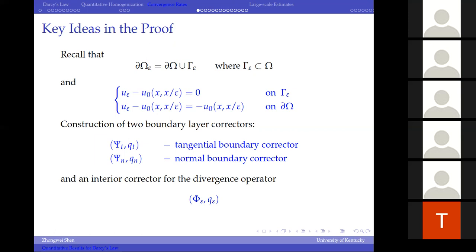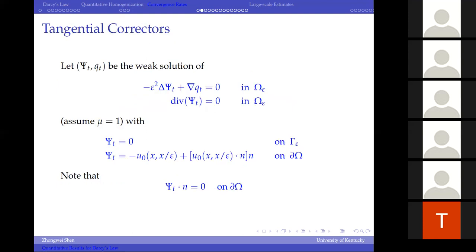It's interesting to point out that the normal data has to be treated differently from the tangential data in the Darcy law case. This will be clear when you deal with non-homogeneous boundary conditions for the Darcy law. The limiting equation will only be concerned with the normal components of the boundary data there.